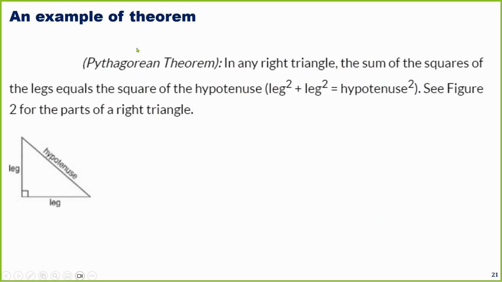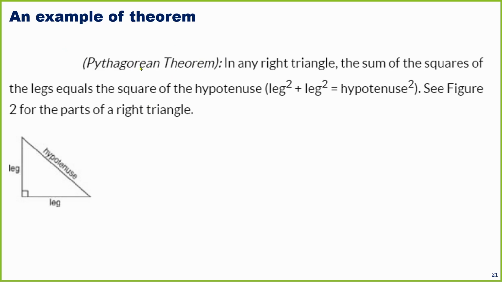And next, let's have a look at an example of a theorem. For example, the Pythagorean theorem is a typical example of a theorem, which states that in any right triangle, the sum of the squares of the legs equals the square of the hypotenuse. Do you know how to prove the Pythagorean theorem?